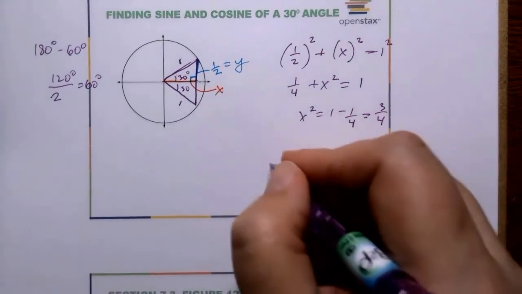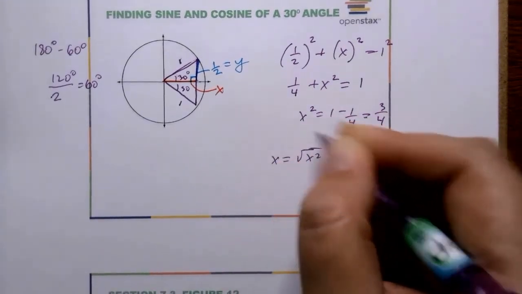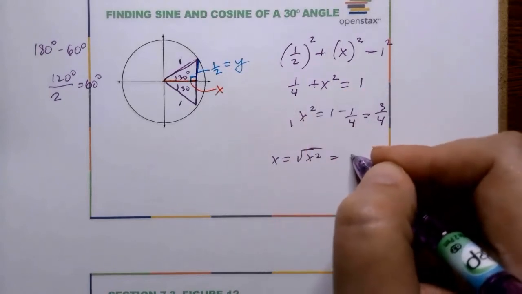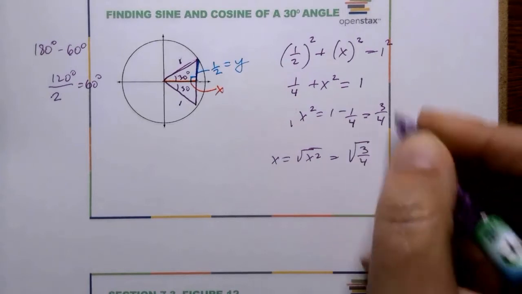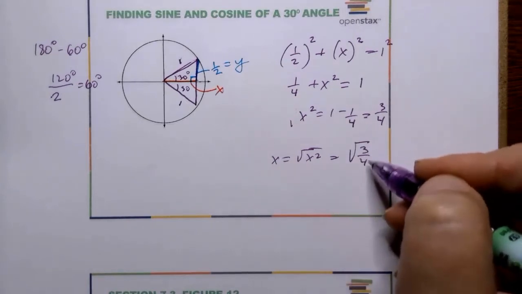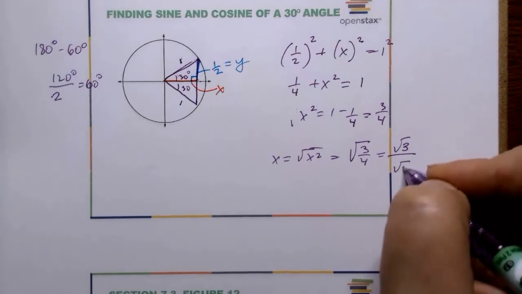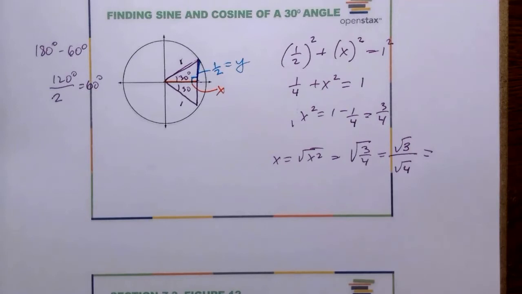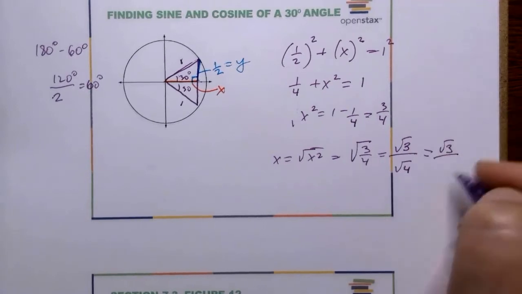And then in order to find x, I need to unsquare all of this, and get the square root of 3/4. Now, in order to simplify this, I'm going to again break my square root and evaluate the numerator and denominator separately. So the square root of 3 just stays as square root of 3.